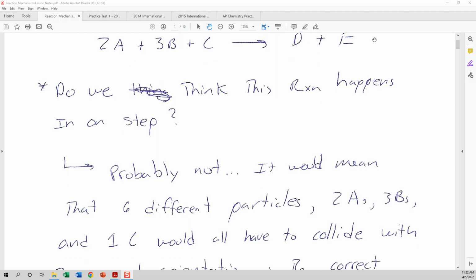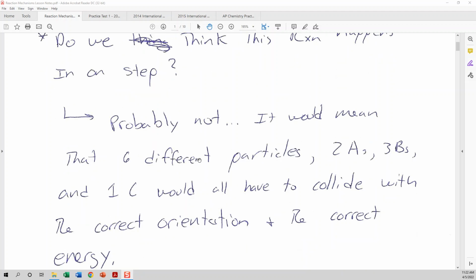If it happens in one step, it's saying that 6 particles all have to collide at the same time with the right orientation and the right energy, and the odds of that are very, very low.